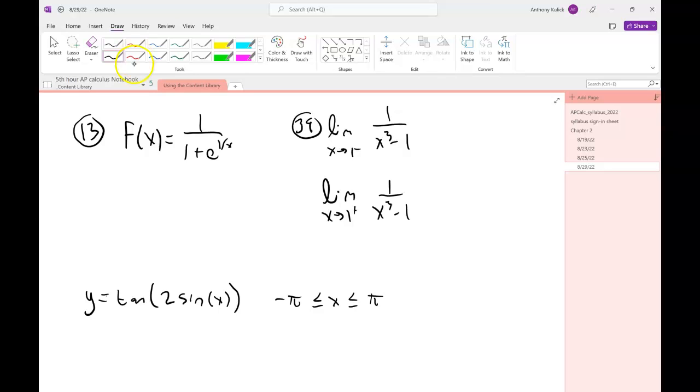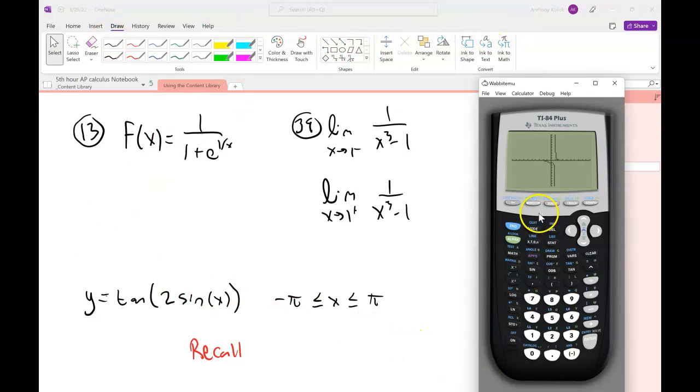All right. So where is tan of x undefined at? Okay. What can you use to check if you don't remember?